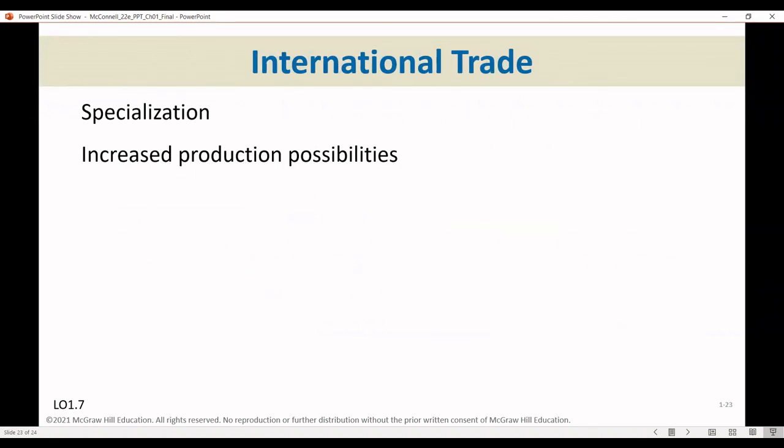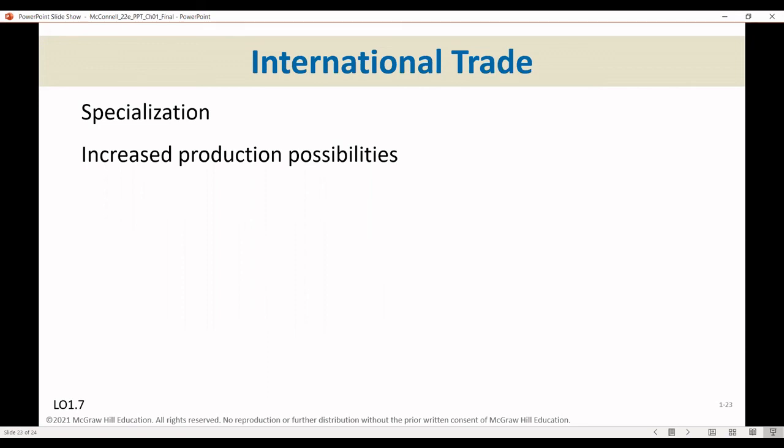International trade is another way we can maximize the use of resources, by specializing in the area where the opportunity cost is going to be less. One good example: if the resource is available to you in an area, you want to produce over there, rather than producing in an area where you would have to invest more money or more opportunity cost to produce the same thing.